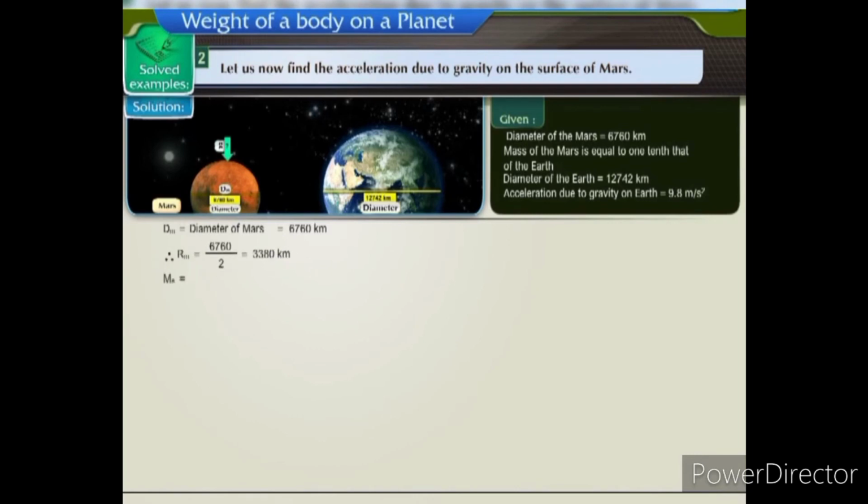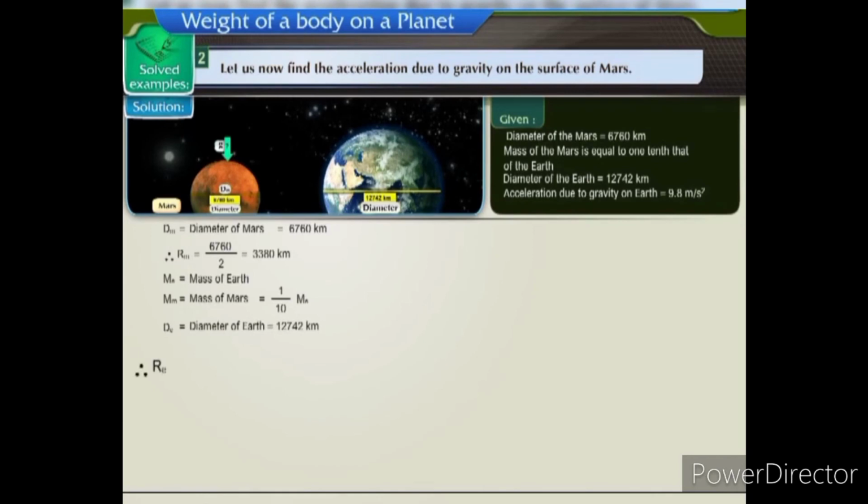Me is equal to mass of Earth. Mm, the mass of Mars, is equal to 1 upon 10 mass of Earth. De, the diameter of Earth, is equal to 12,742 kilometers.